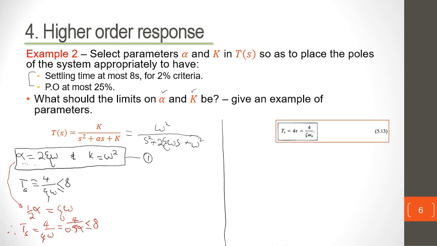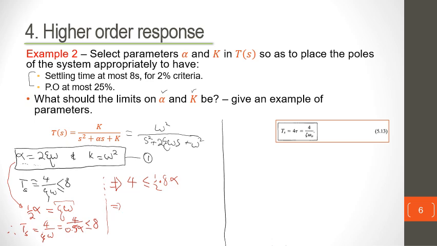Because then we can substitute this expression for 0.5 alpha, this implies that 4 is less than half times 8 times alpha.